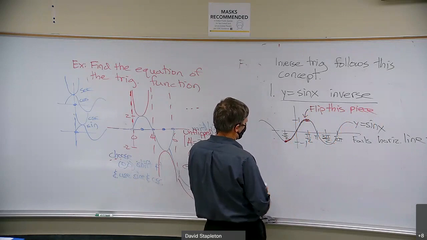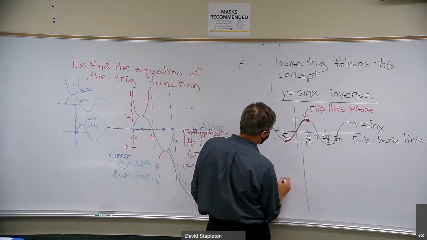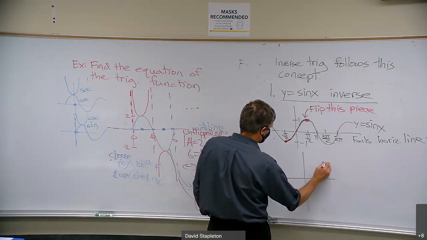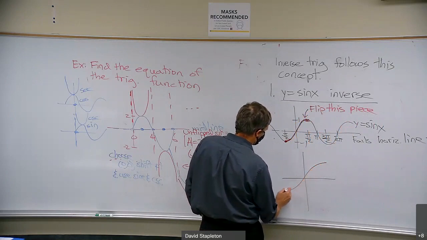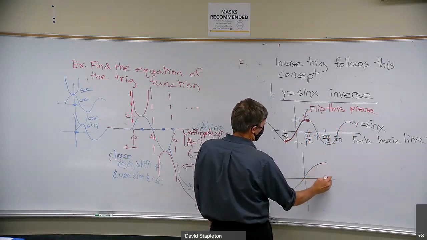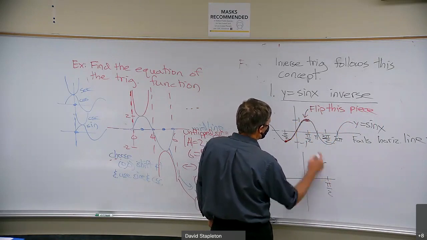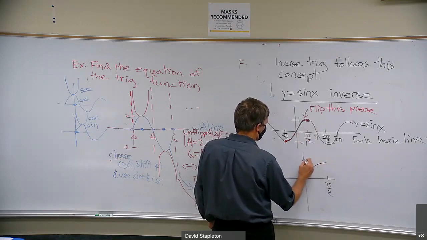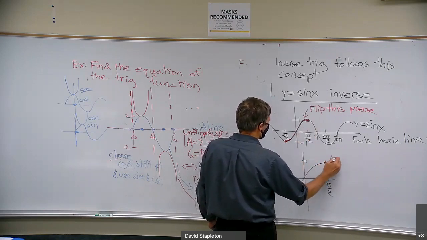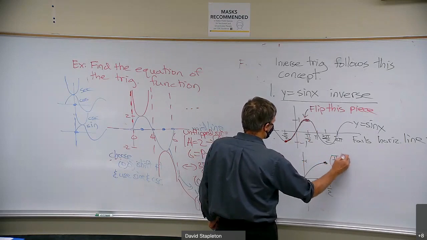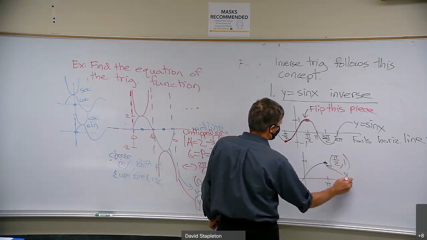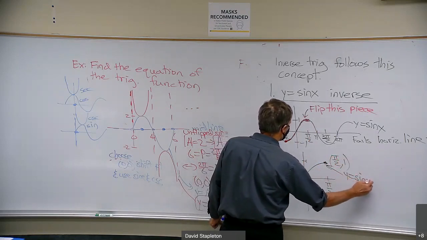I'll plot down below, keep the clutter down. So this is pi over 2 here, right? And it goes up to 1 here. This is the point pi over 2, 1 on the sine function. This is still y equals sine x, just a piece of it.